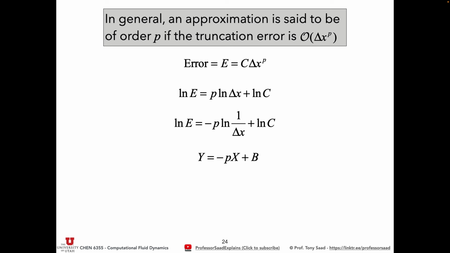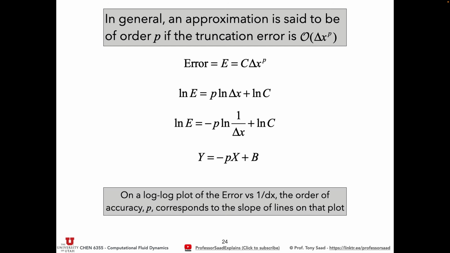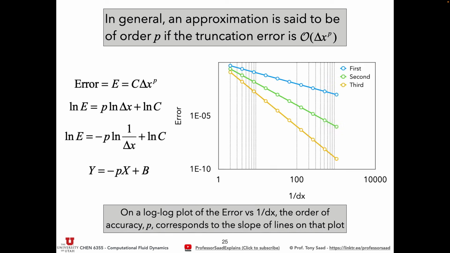So the error is a straight line in log-log space, where the intercept is this constant, which really doesn't matter much. What I care about is the slope p, because that's usually what we are after when we are trying to verify a numerical method. So on a log-log plot of the error versus 1 over delta x, the order of accuracy p is the slope of the line on that plot.